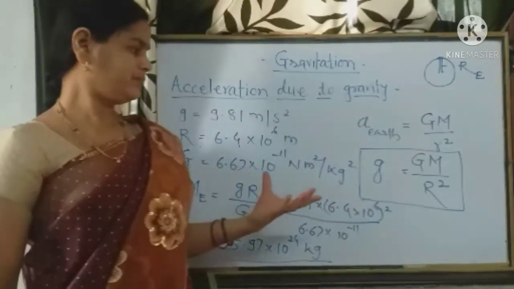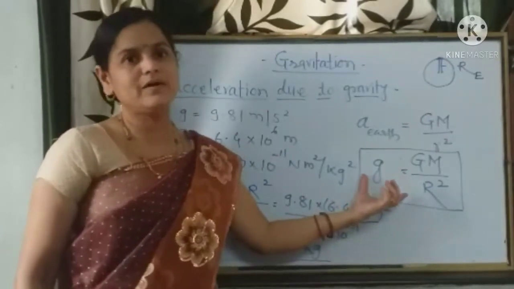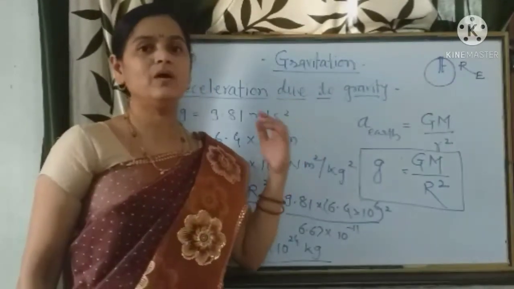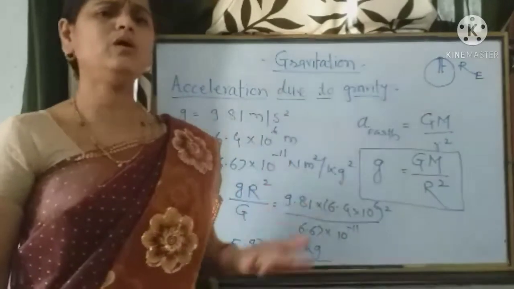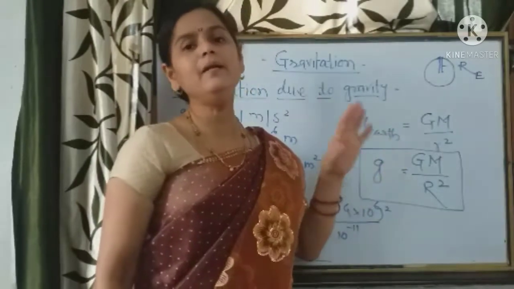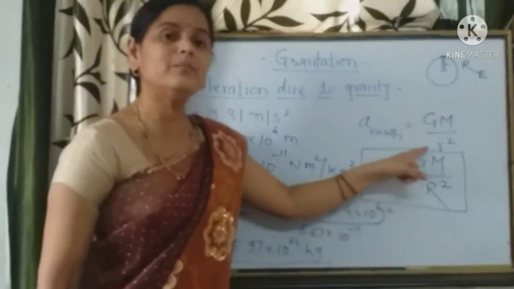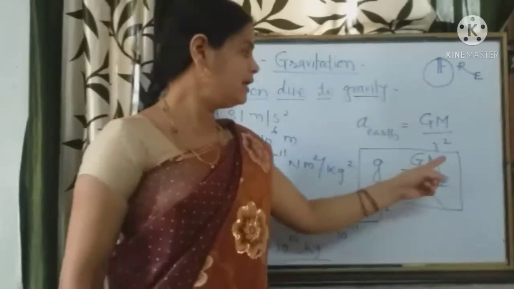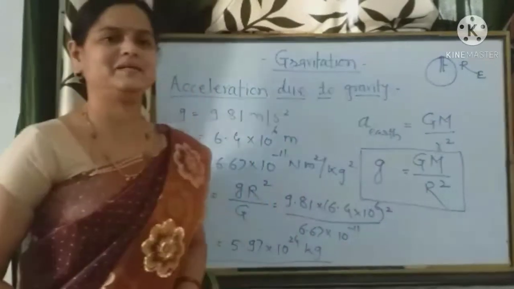From this formula of acceleration, we can find out the acceleration on the surface of another planet, say the moon or Jupiter, because it is independent of the mass of the object and depends only on the properties of the planet, that is the mass of the planet and the radius of the planet.